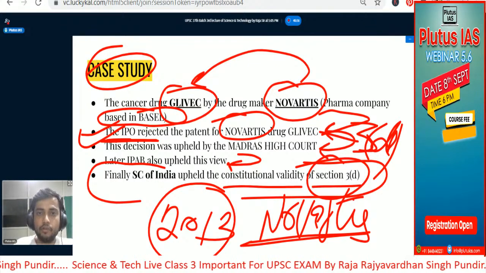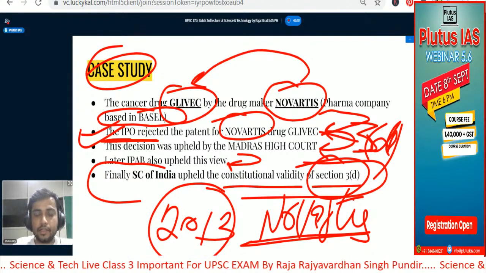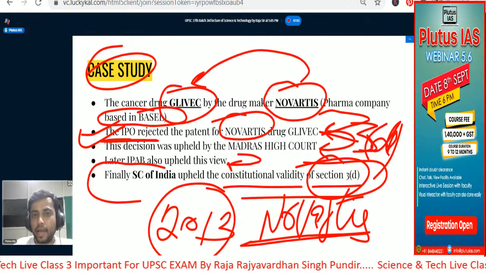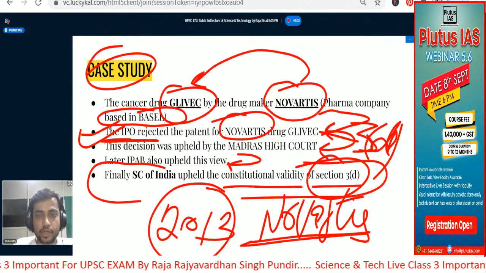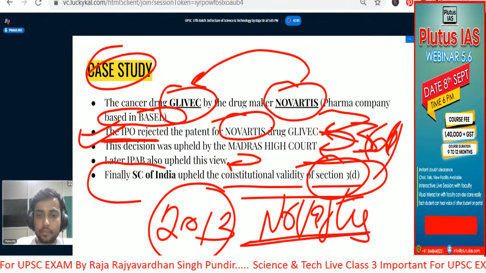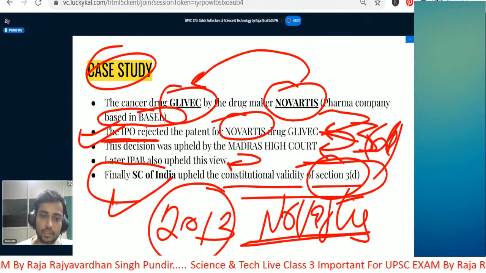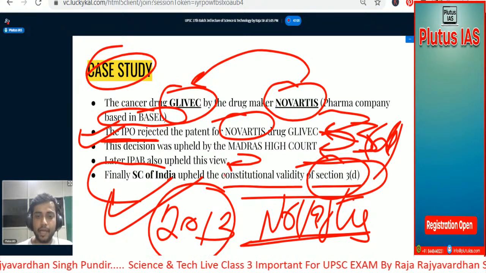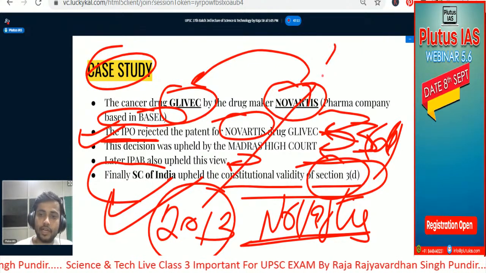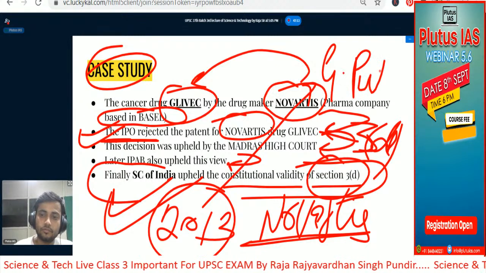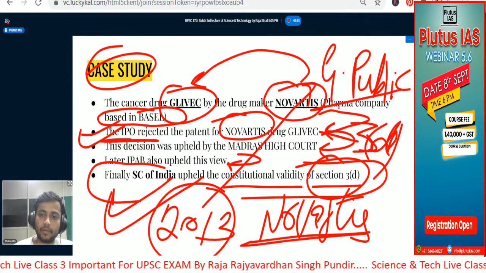While in the developed world, they resented this, saying that the Indian Supreme Court has not acted wisely. The foreign pharmaceutical companies also denounced this judgment. But this judgment has wider connotations for the interest of the general public.